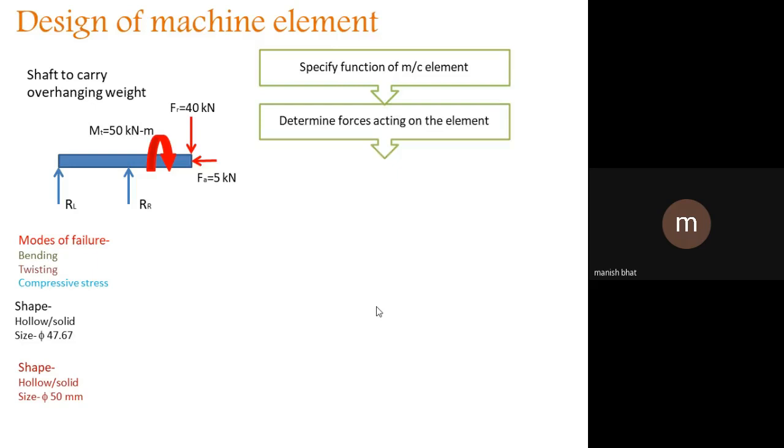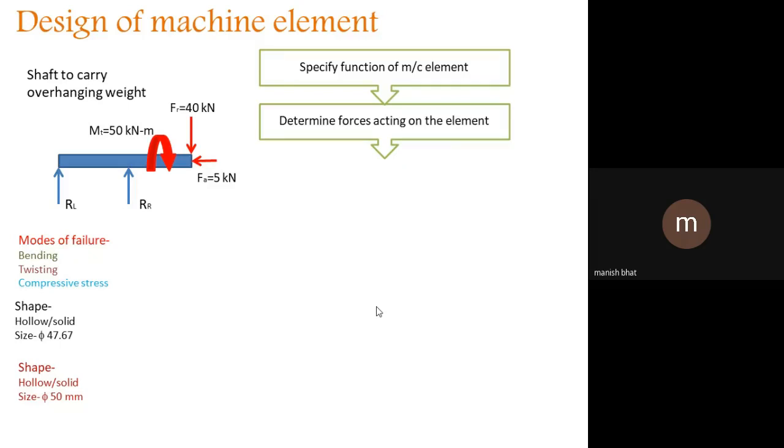The next step is determining the forces acting on that machine element. I have described this in this figure. So once I know the function of a machine element, the next step is to determine the forces acting on it.